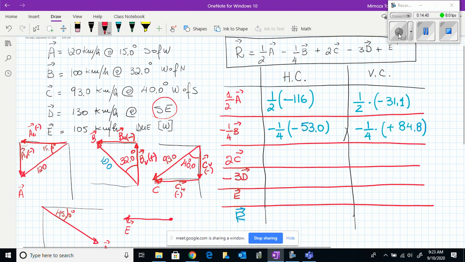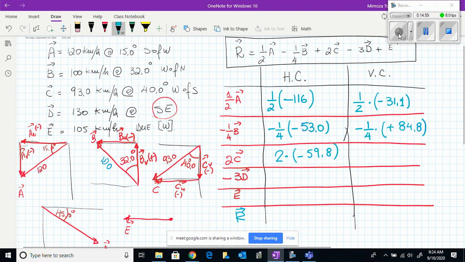will be 59.8. The formula obligates us to have 2. So 2 times negative 59.8.